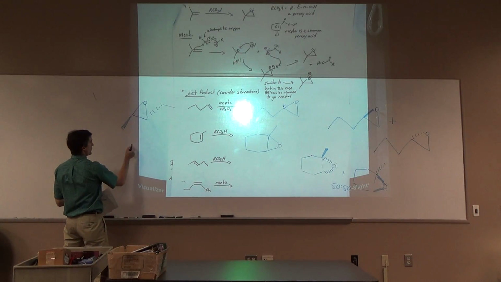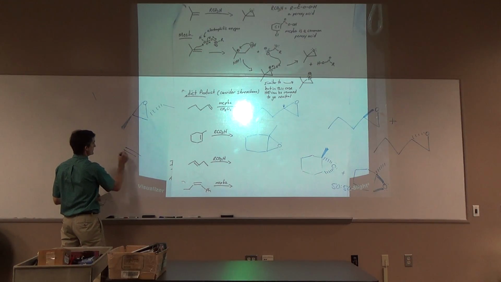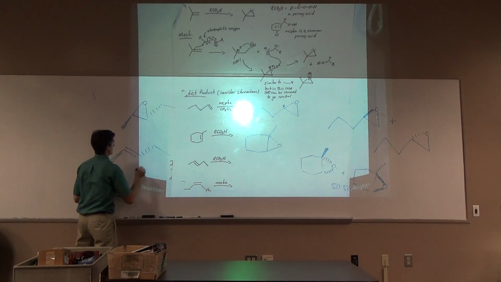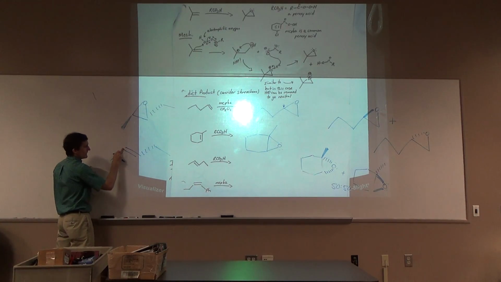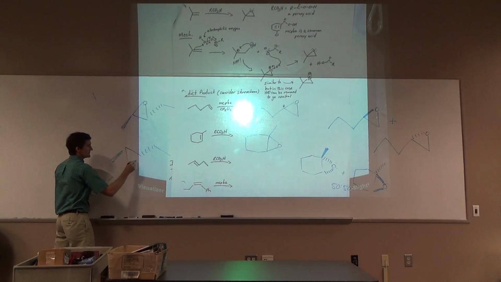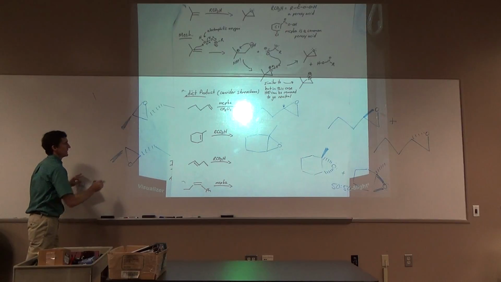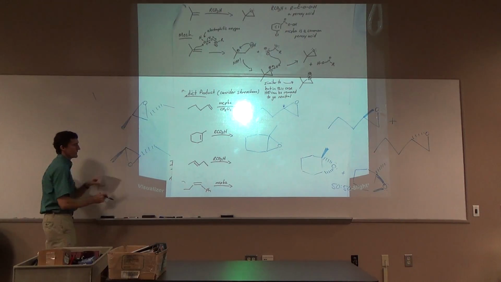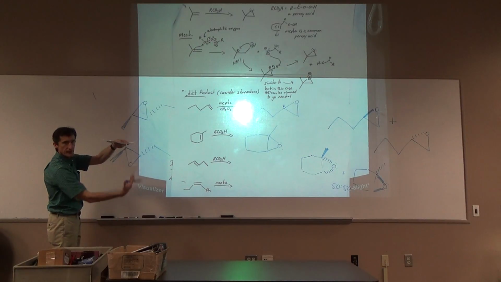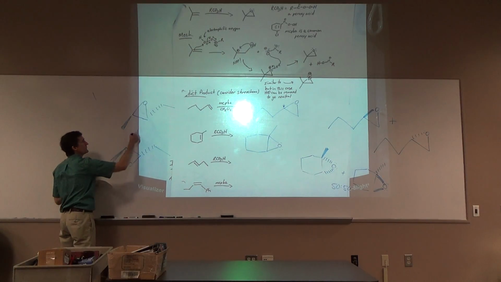Now you could also redraw it and say, hey, I'm going to get rid of the pi bond and put my oxygen straight down. That's where the reagent attacked down and back bonded from down. Okay?